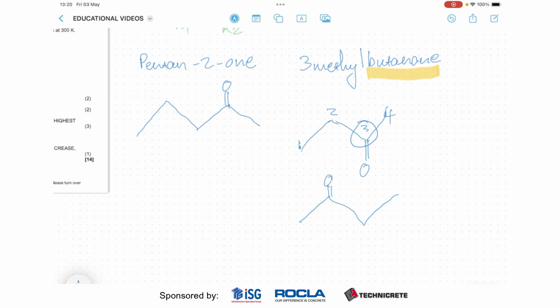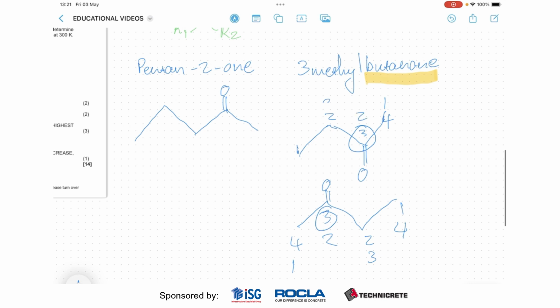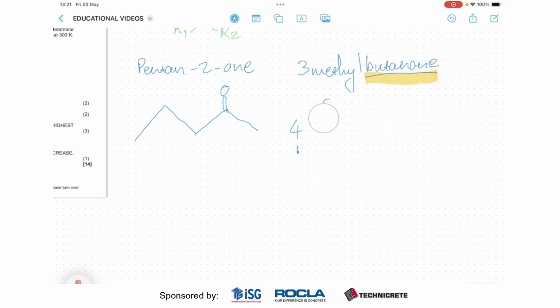It was here, and we count it this way. It's the same carbon. Even if you more correctly go 1, 2, 3, 4, and 1, 2, 3, 4, it's still carbon number 2. That's why we don't put the number it's on, because it's always on the same one.